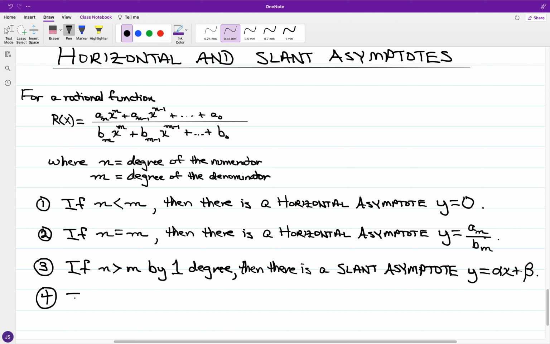Now, if we have that n is greater than m by more than 1 degree, essentially what's going to happen here is that you're not going to have either asymptote type.